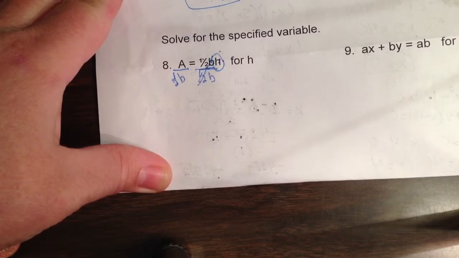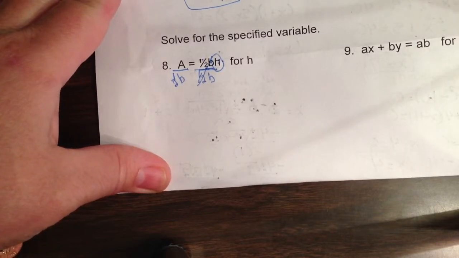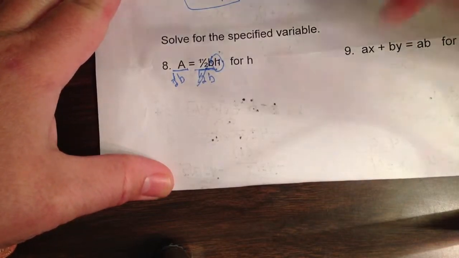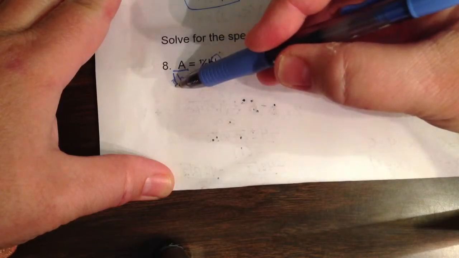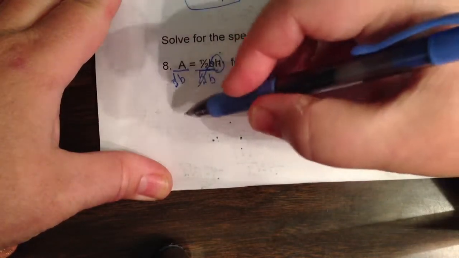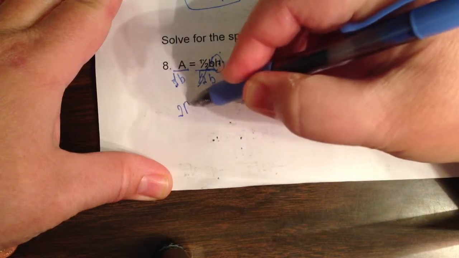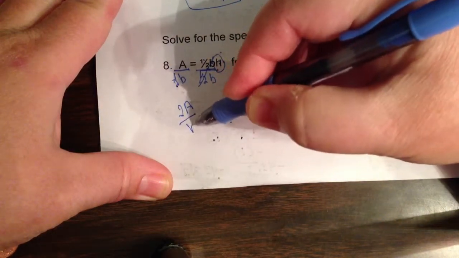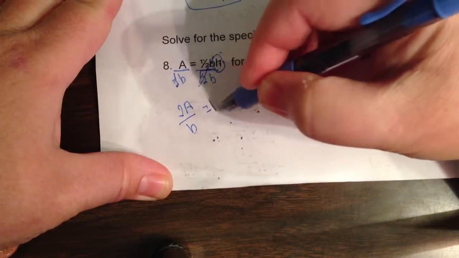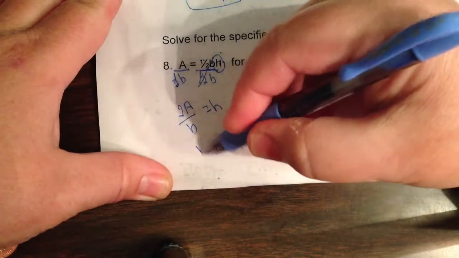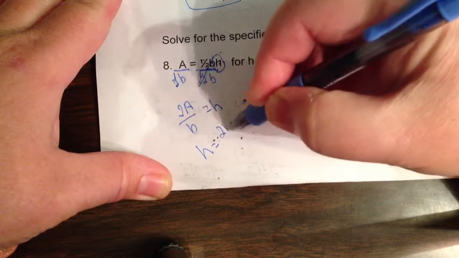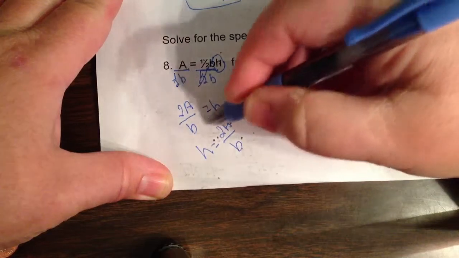Now I could leave it like that, but I can tell you that's probably not going to be a multiple choice answer left written that way. Because if I'm dividing by 1/2, that's the same as multiplying by 2. So more likely, we would see 2a over b equals h, or even more likely, h equals 2a over b.